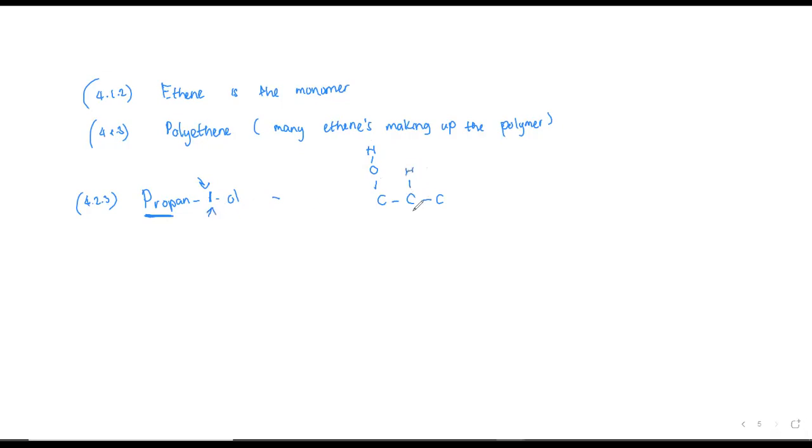The rest of the bonds on the carbon atoms will be attached to hydrogen atoms. Since the reaction that occurs in reaction 2 is a dehydration, we know that one of the products is water.